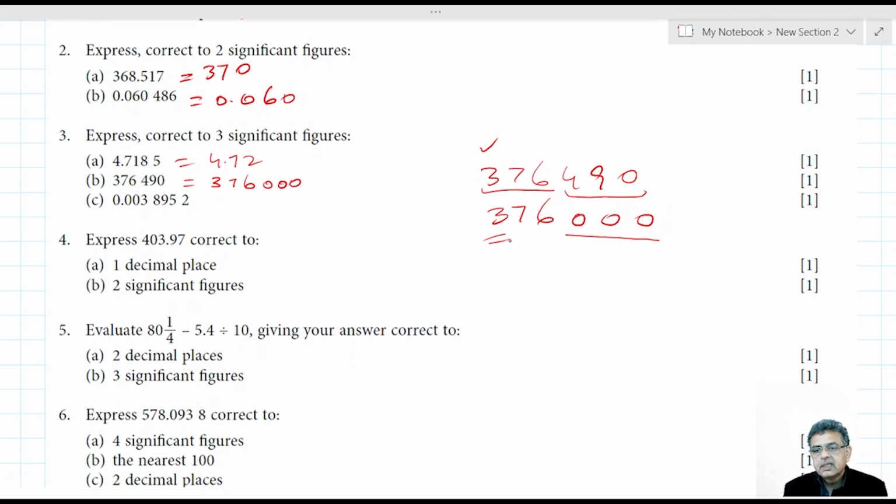Actually, sometimes some students make this mistake that when they look at this number that it is to be rounded off to three significant figures, they think that this is enough to write. That's fine, that this is three significant figures, but its value is not now in 100,000s, but it is decreased to 300.